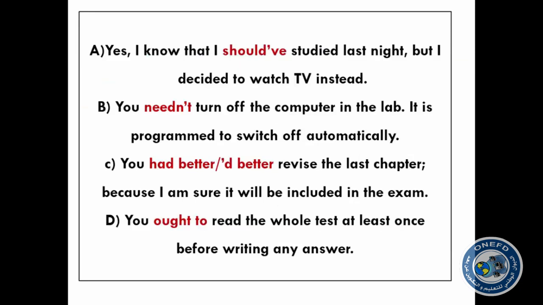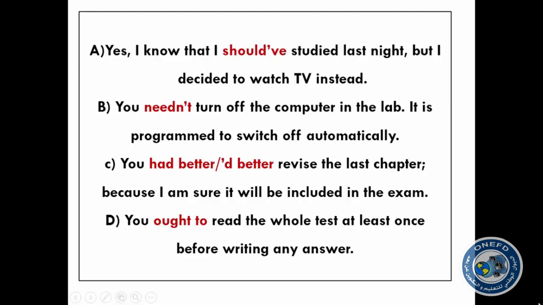So A, yes, I know that I should have studied last night, but I decided to watch TV instead. As you can see, we have something different. It's should plus have plus the past participle of the verb.